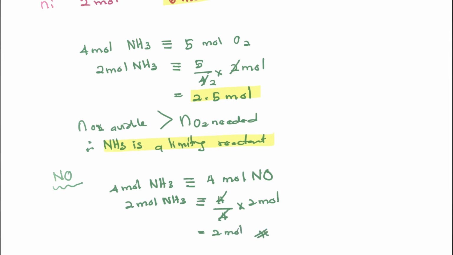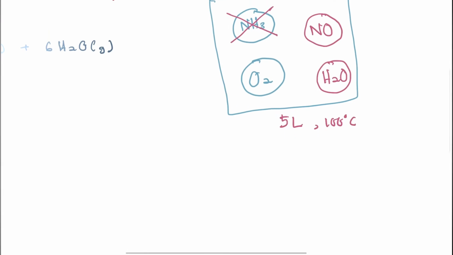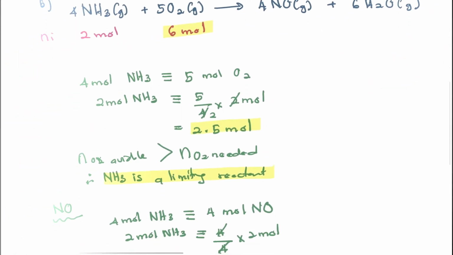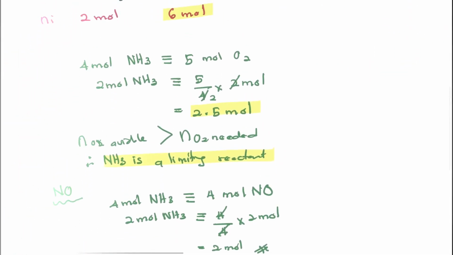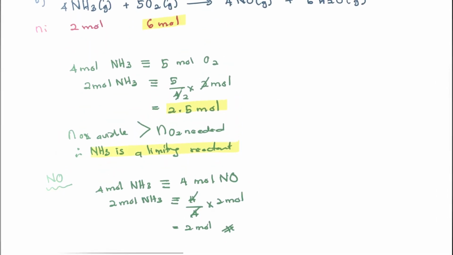So we can draw here. For nitrogen monoxide, the amount that we have is 2 mole. How many mole of water vapor form or produce? So we have to write another comparison. 4 mole, 6 mole.